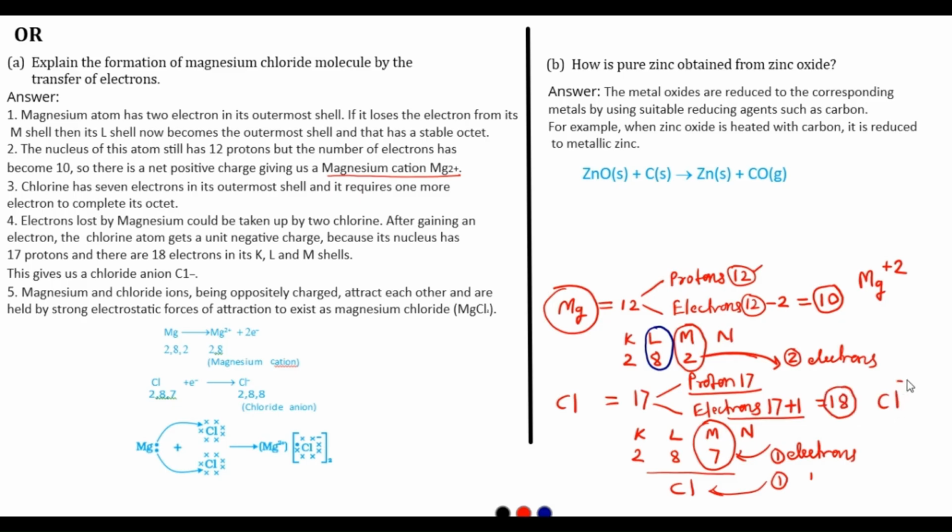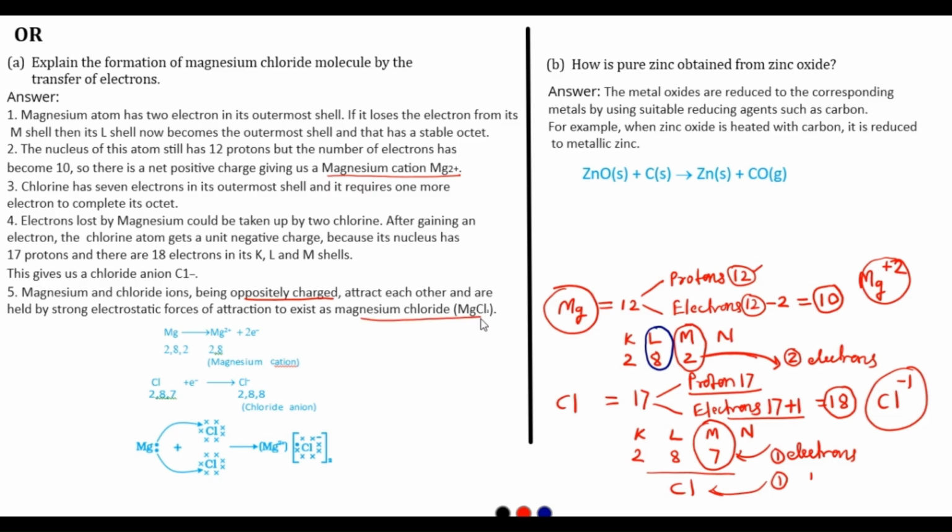Mg is Mg plus 2 and Cl is Cl minus 1. Because they are oppositely charged, they get attracted towards each other and form a strong electrostatic force to form magnesium chloride, that is MgCl2.